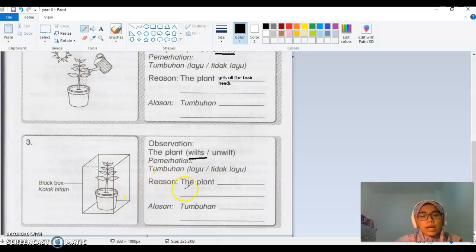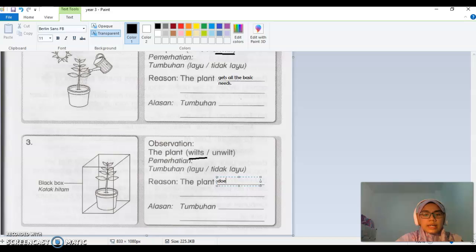Reason why the plant wilts? Kenapa tumbuhan akan layu? Kerana the plant, dia tak dapat apa? Does not maksudnya tidak dapat. The plant does not get the sunlight.